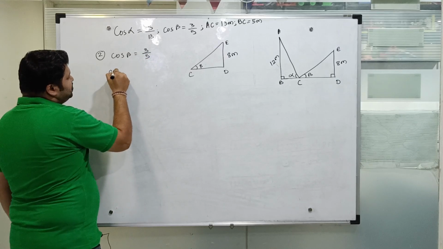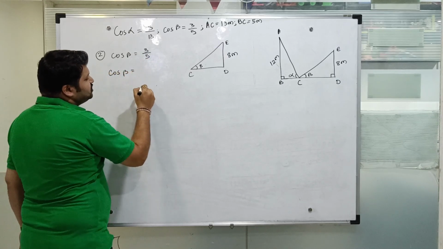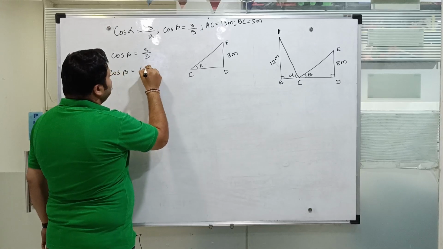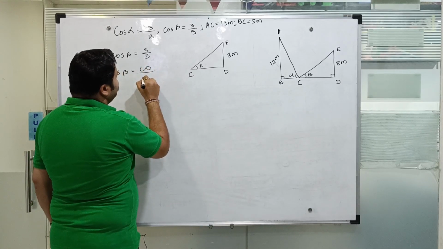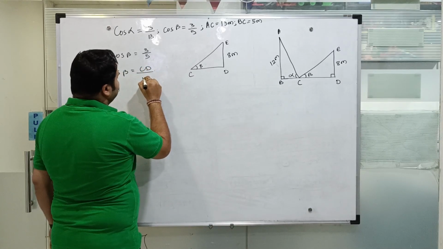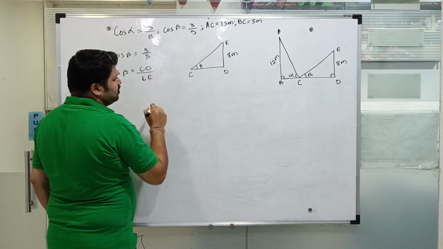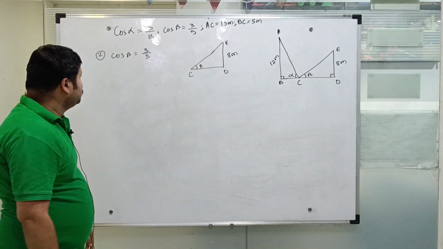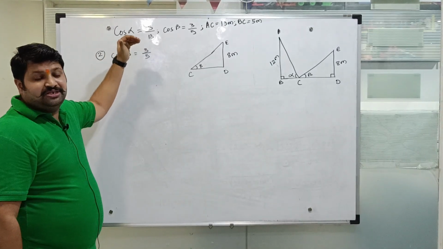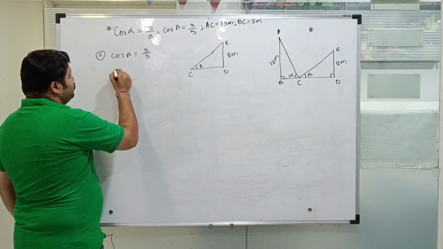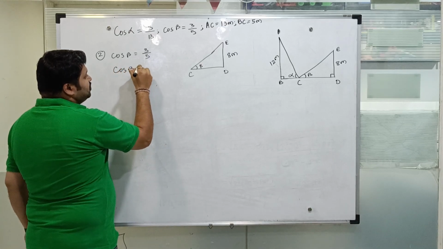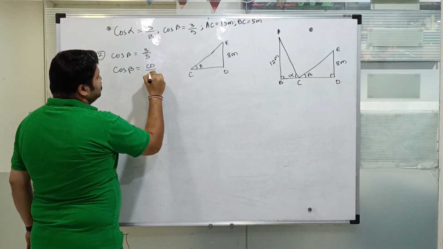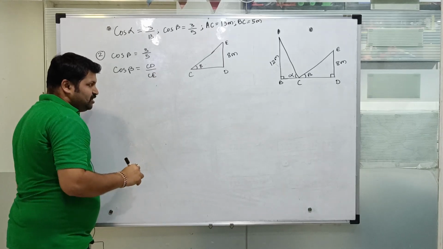Now cos beta in this case is CD upon CE. Here cos beta is given as 3 upon 5, and we also know that cos beta is equal to CD upon CE.